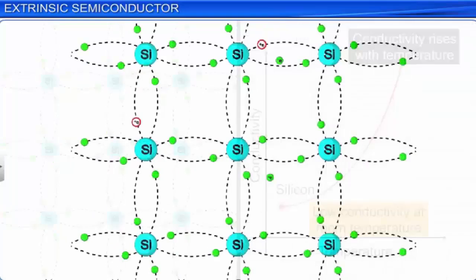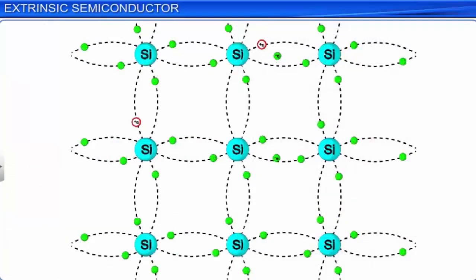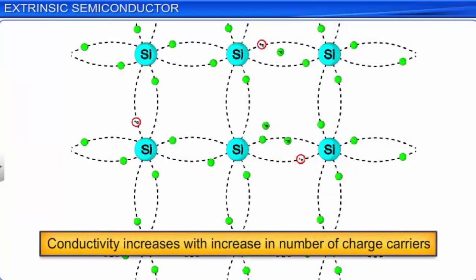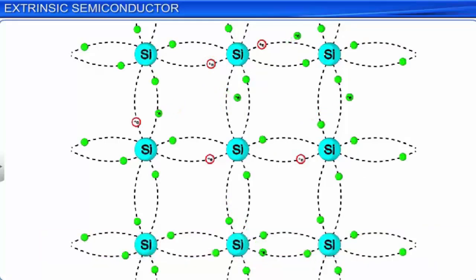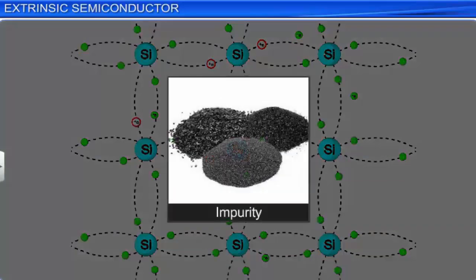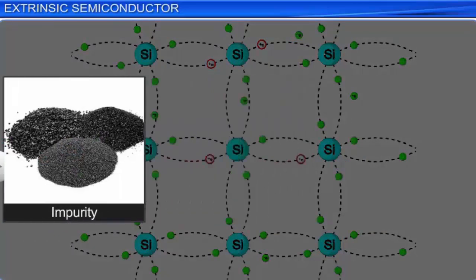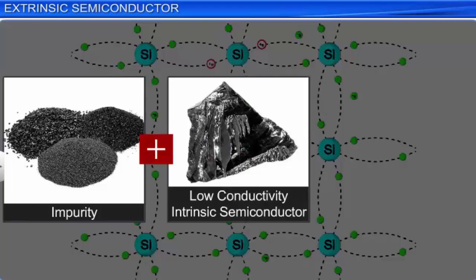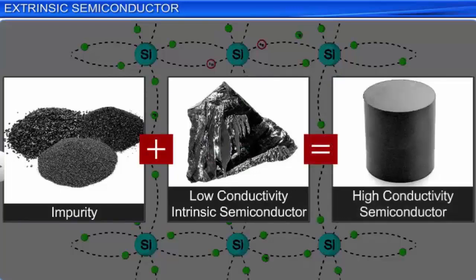The electrical conductivity of an intrinsic semiconductor can be improved by increasing the number of free electrons or holes in it at room temperature. When a small amount of suitable impurity, say a few parts per million, is added to an intrinsic semiconductor, its conductivity increases to a large extent.